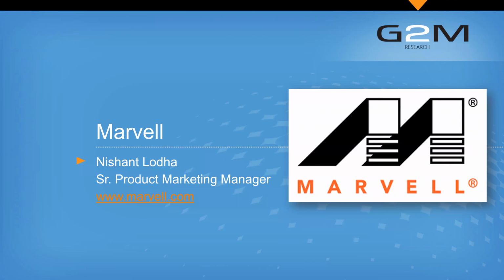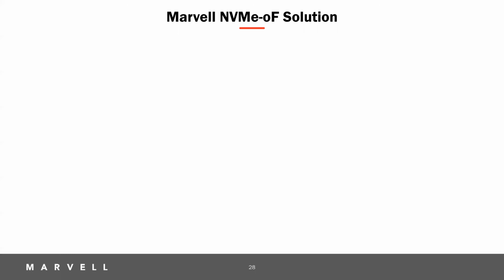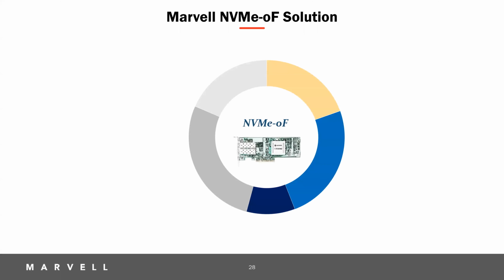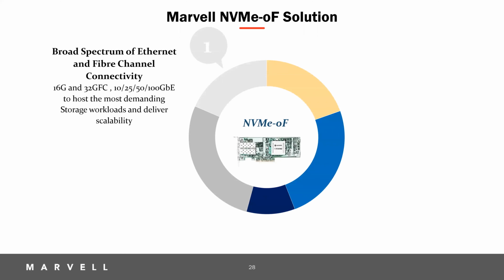Thank you, Mike, and thanks to Tom, Rob, Elliot for providing a beautiful perspective on NVMe over TCP. Okay, so when it comes to Marvell and Marvell solutions for NVMe over fabrics, there is, to my knowledge, no other provider that provides a more complete NVMe over fabrics solution to customers.